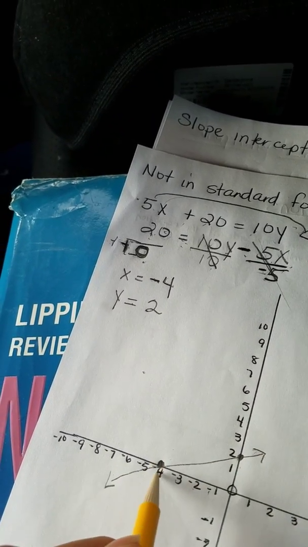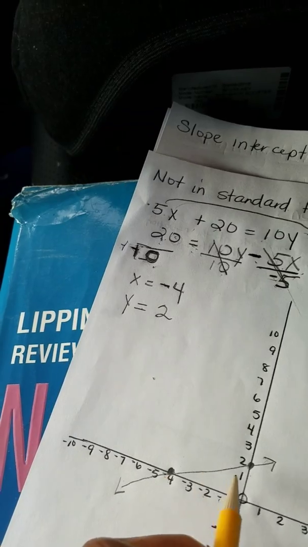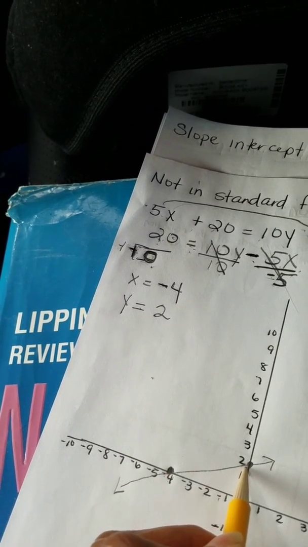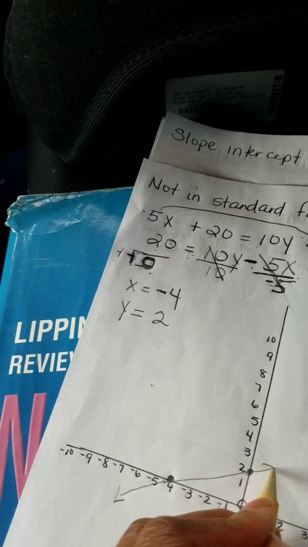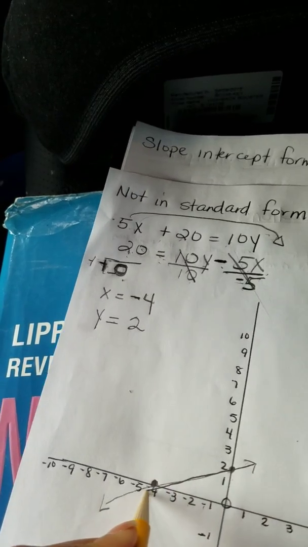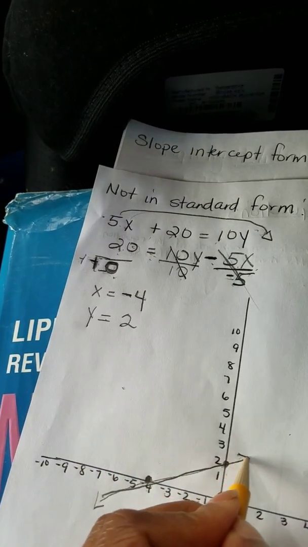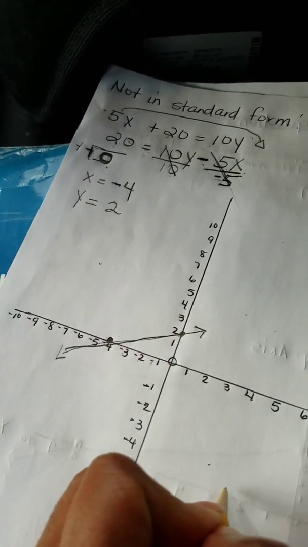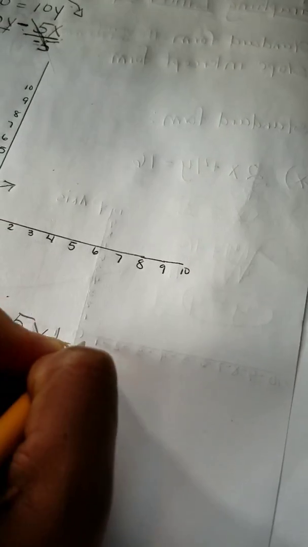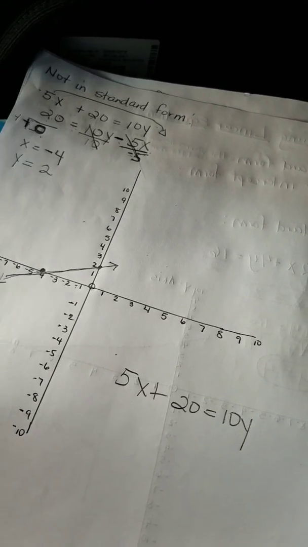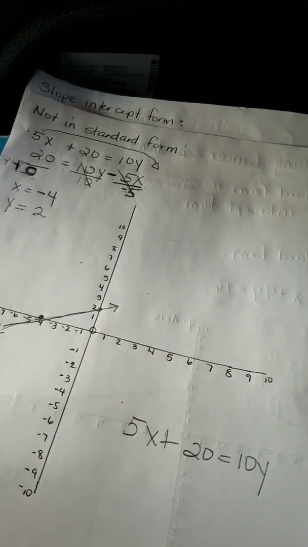This is my negative 4 for x, my positive 2 for y. Then I'm just going to plot the line this way, like so. This would be my problem, 5x plus 20 equals 10y. That is how you would do a problem not in standard form.